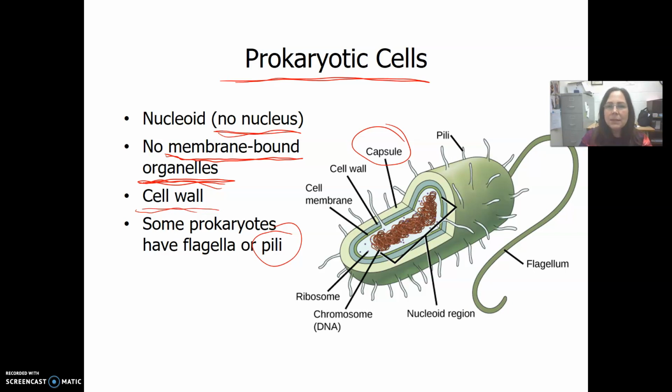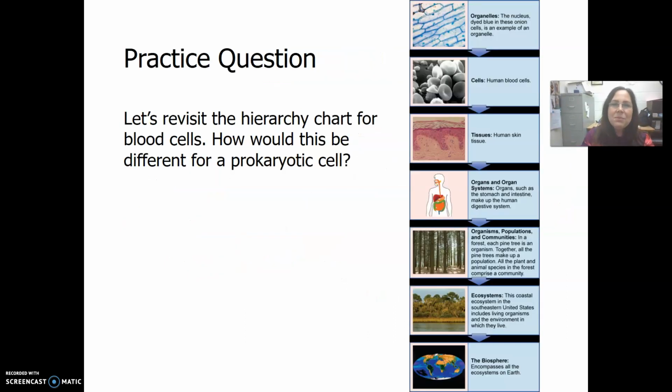Prokaryotic cells are usually bacteria, but they can also be another type of organism called an archaea. That's why I keep saying bacteria, because bacteria are prokaryotic. Some bacteria, the ones that move, have a flagella, which is a whip-like tail that helps it to move in water.